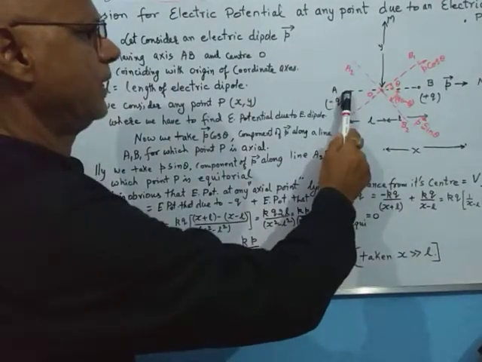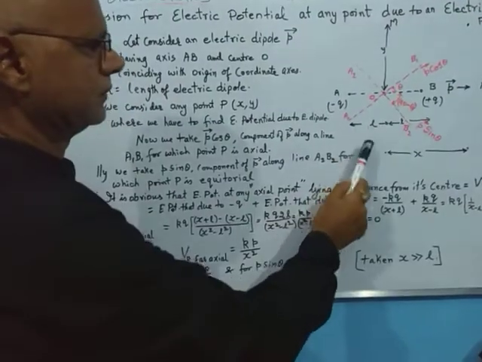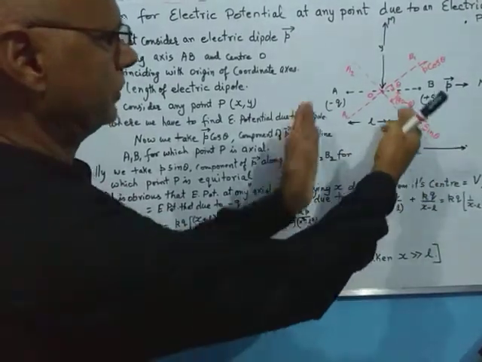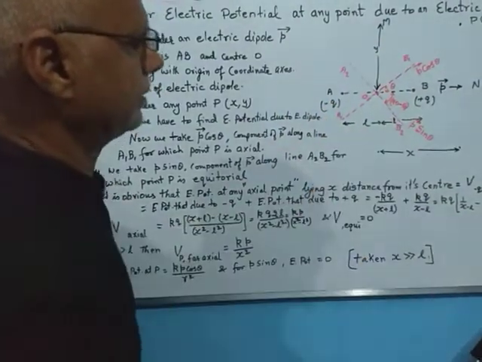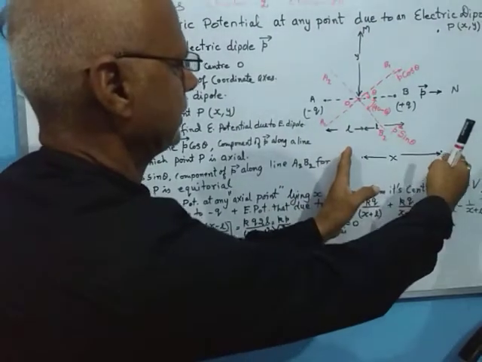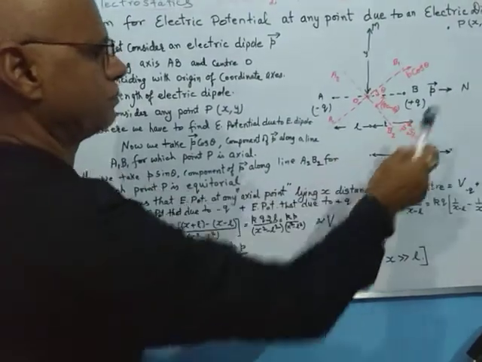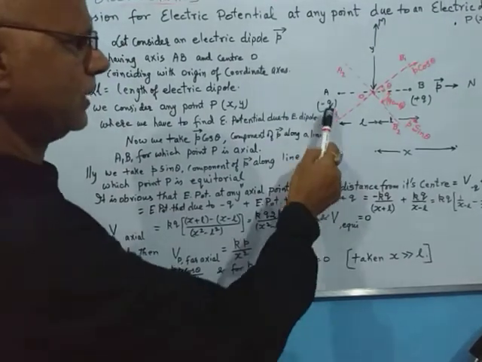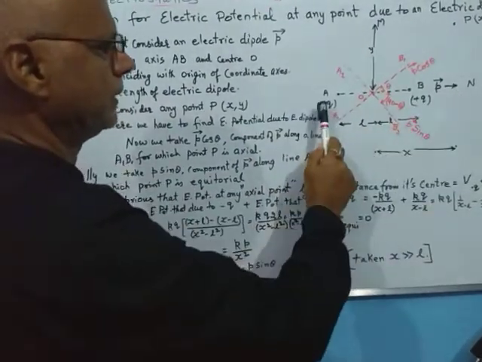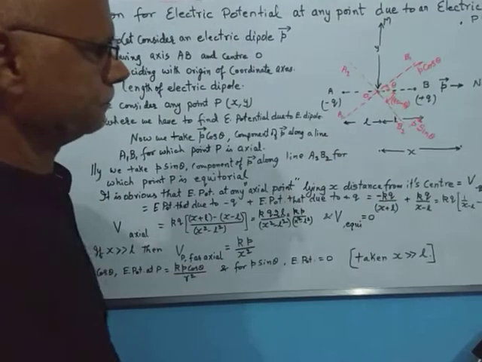Now here you see, if this point n lies at x distance from the center of the dipole, the distance of point A from n will be l plus x. You see this is l length, the half length of the dipole, and x is the distance of that point from the center of the dipole. So the total distance of A from n will be l plus x.